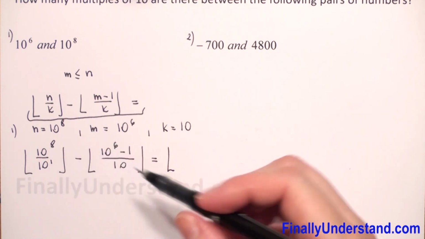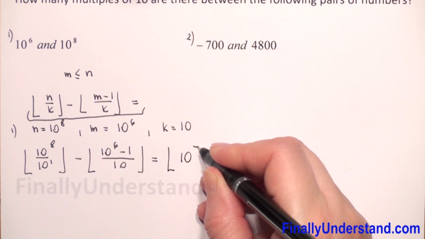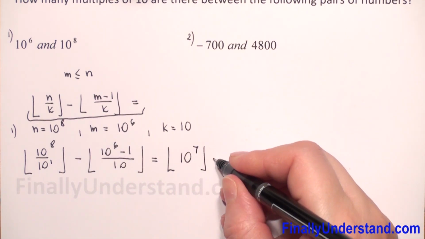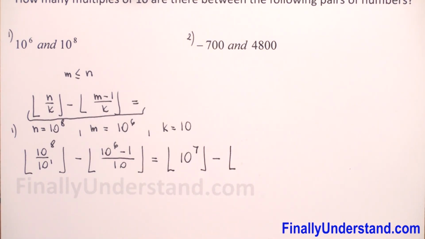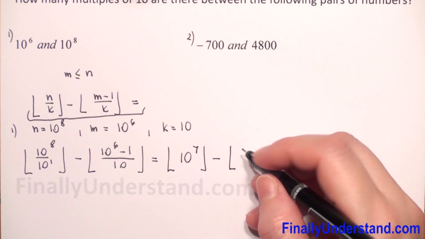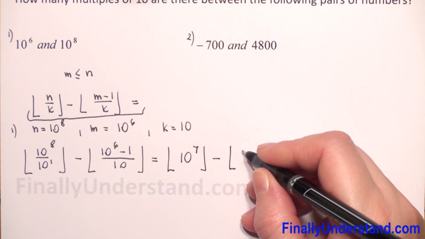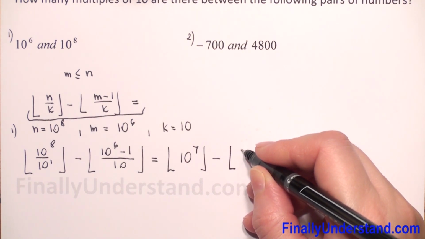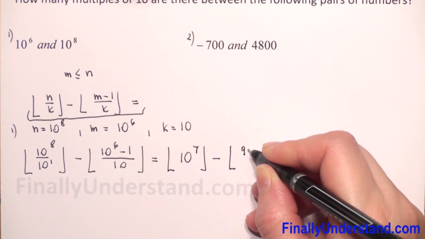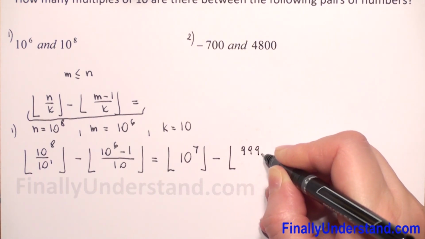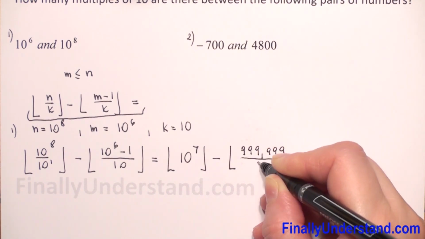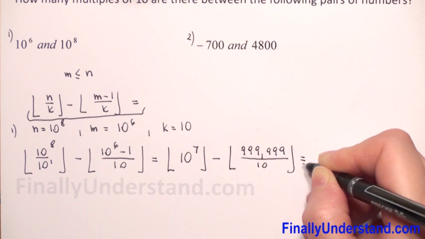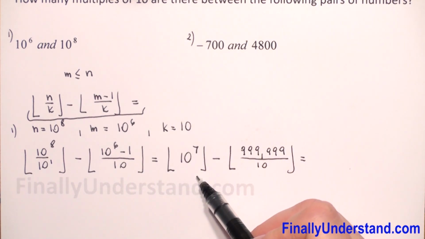We will subtract exponents, so it will be 10 to power 7. And we have minus, we have 10 to 6 power is 1 million minus 1. It will be 999,999 over 10.